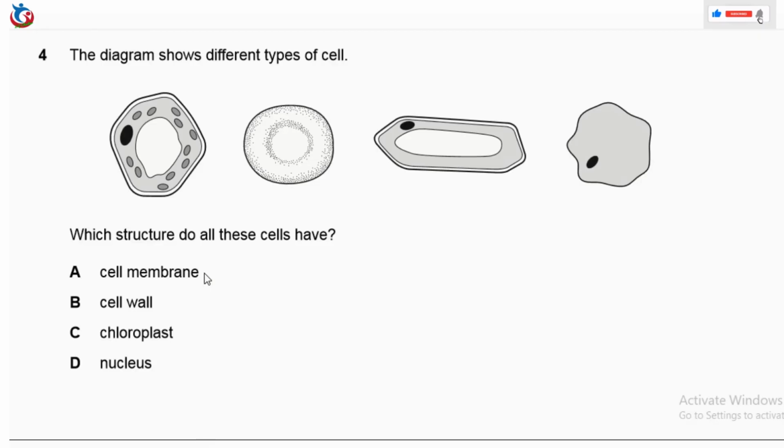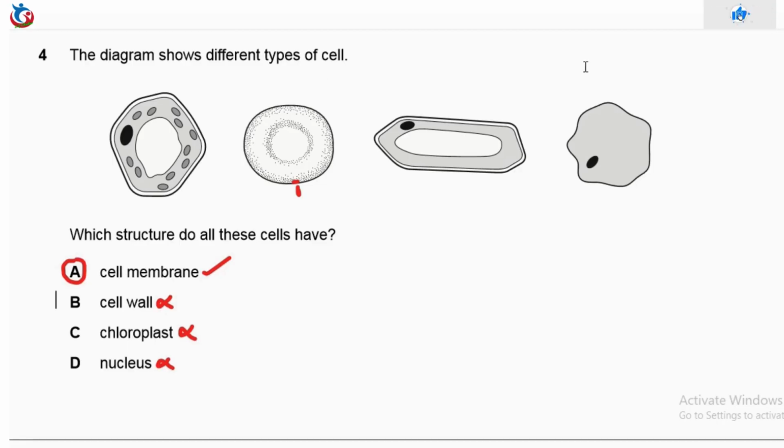Yes, all of them have the cell membrane, but not all have cell wall. For instance, this cell does not have the cell wall. Okay. Chloroplast, not all of them have chloroplast. Then not all of them have the nucleus. So the answer to this is option A. Option A is the correct answer.